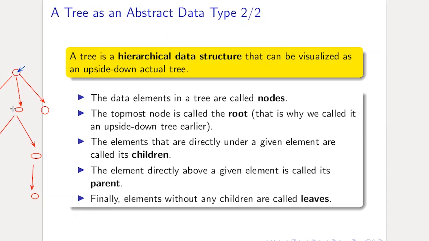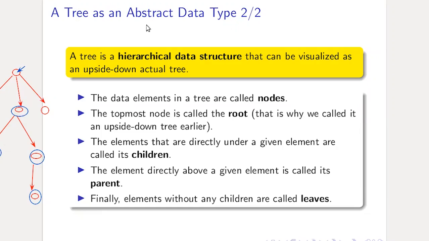For a given node like this, the nodes immediately below that are its children. These are its children, and of course you can say this is a grandchild. The node immediately above a particular node is its parent, and of course then you have the grandparents also.